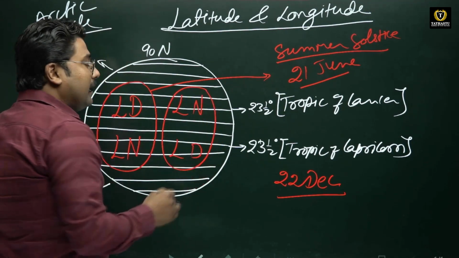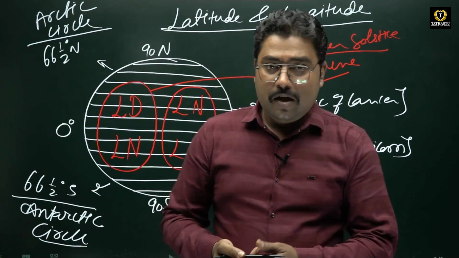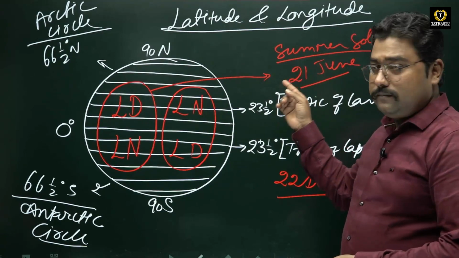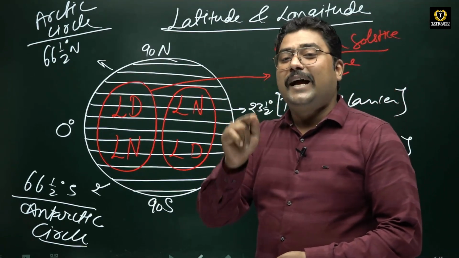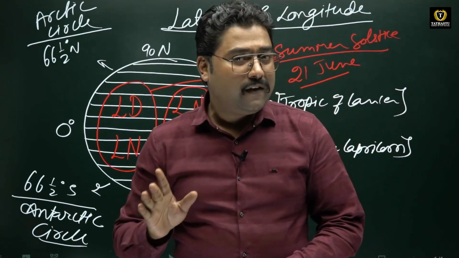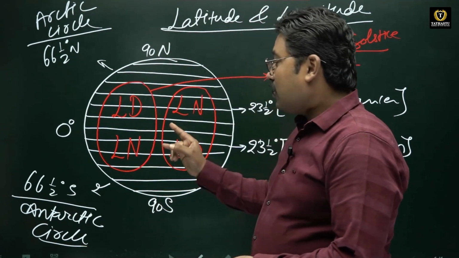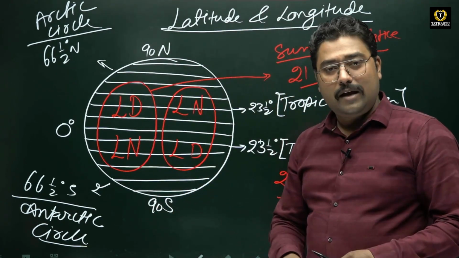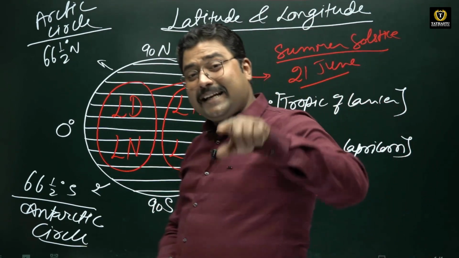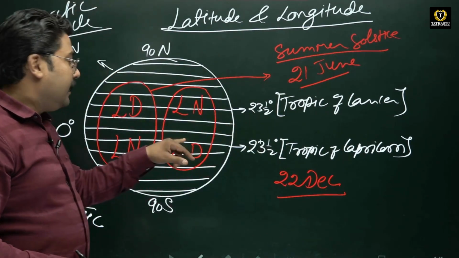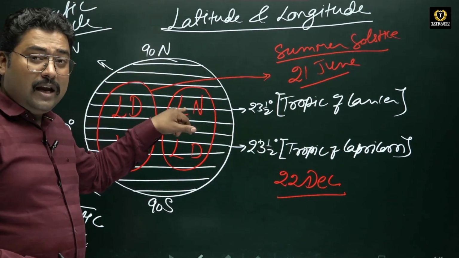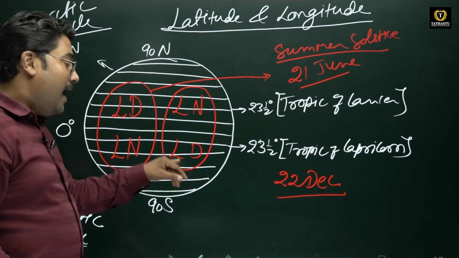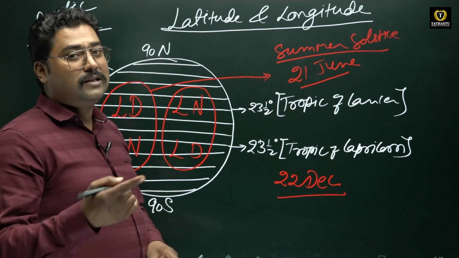Now if we reverse them, on 21st June there is shortest night in northern hemisphere and shortest day in southern hemisphere. On 22nd December there is shortest day in northern hemisphere and shortest night in southern hemisphere.